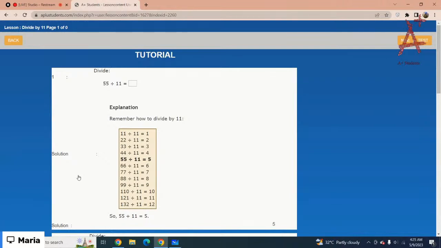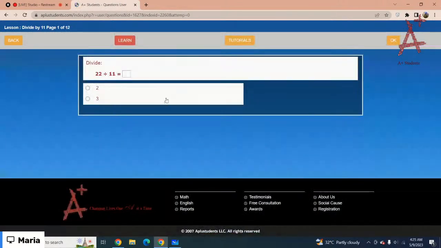Let's just start with the test questions. Okay, 22 divided by 11, 11 times what number is 22? 11 times 2 makes 22, so the correct option is 2.